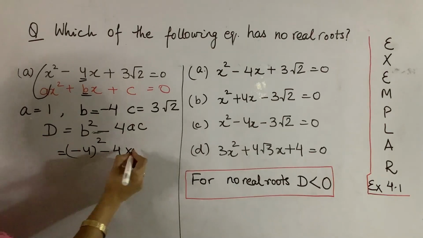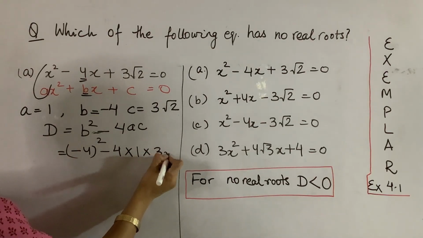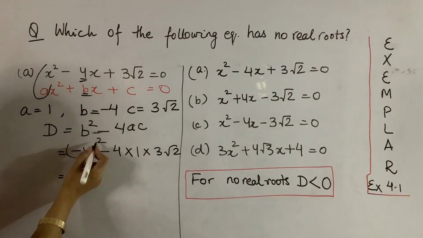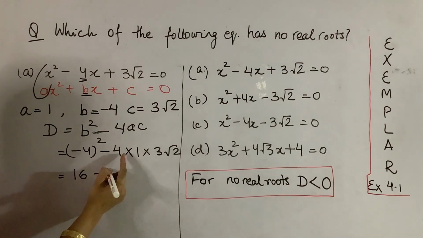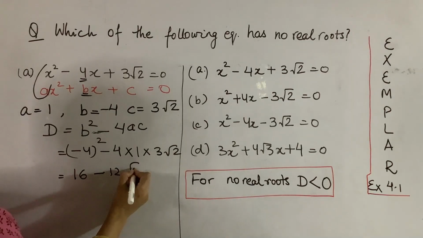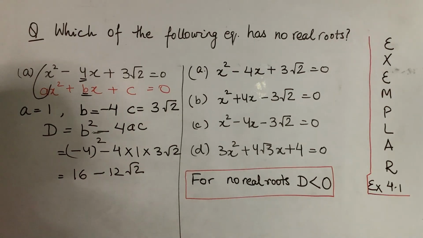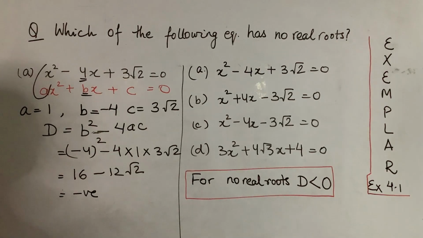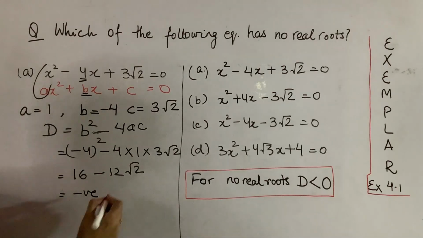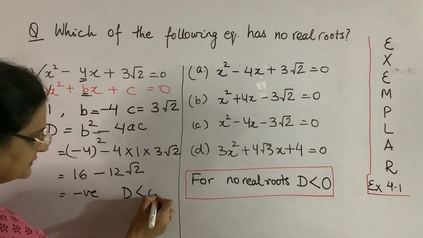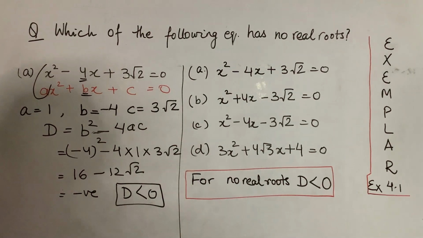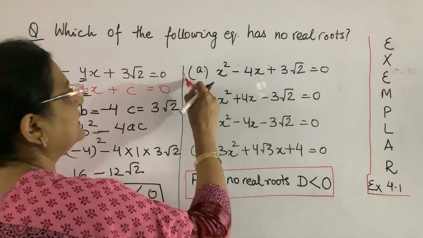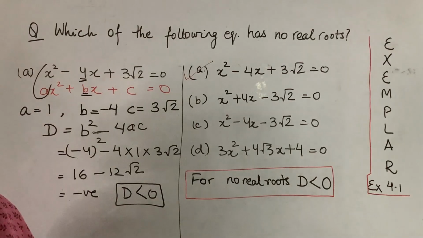What is a? 1. What is c? 3 root 2. So this becomes minus 4 into minus 4, plus 16, minus 4 3s are 12 root 2. Root 2 is 1.414. When you work this out, you get a negative value. Negative value means d is less than 0. Because we get d less than 0, that means this equation will have no real roots.